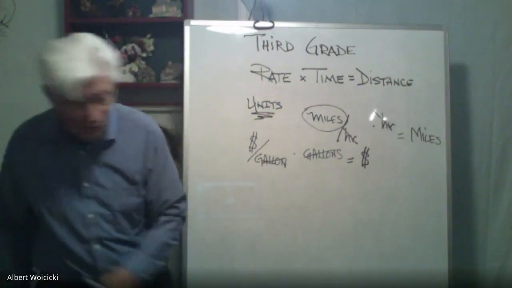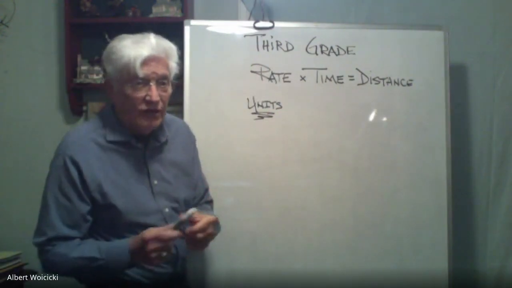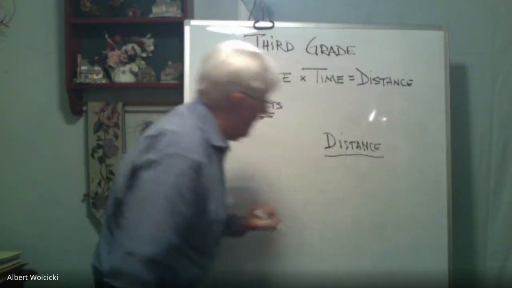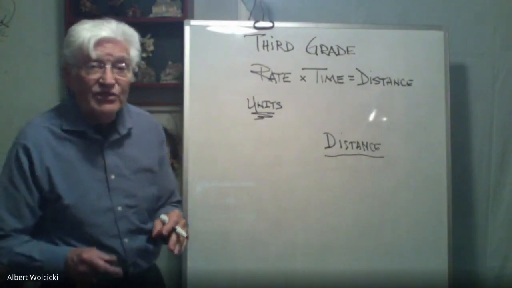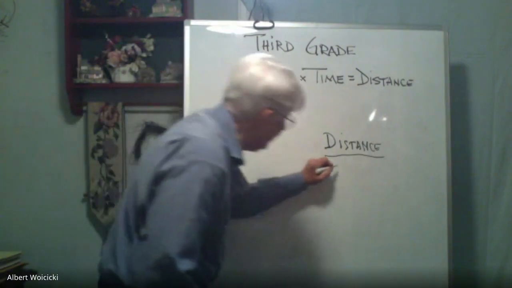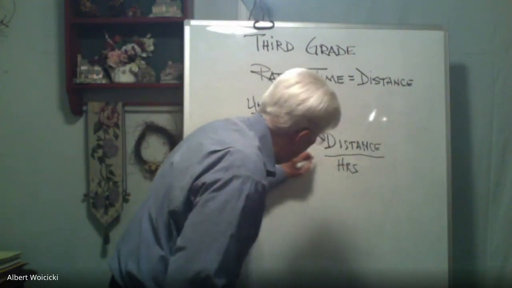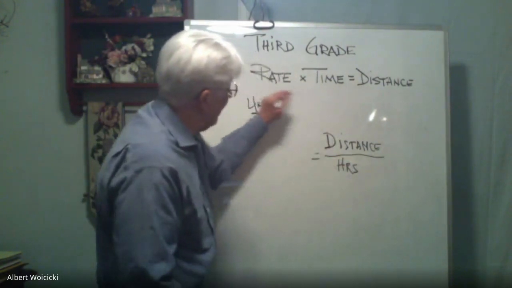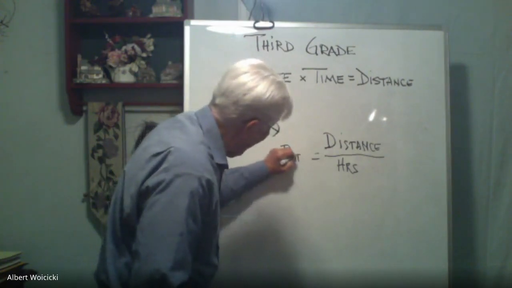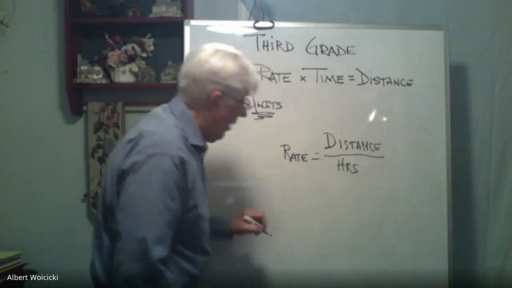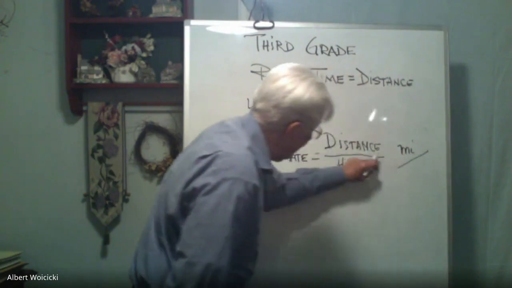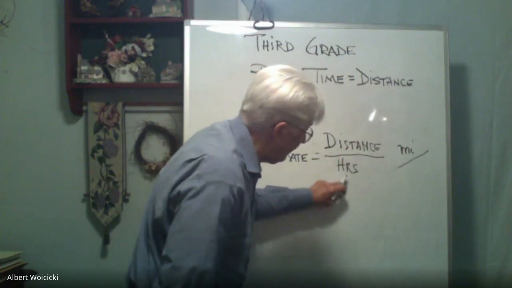So let me show you this. If they know the distance between point A and point B, that's the distance, and they know how much time it took for them to go there, that's the hours it took to go there, then that should tell them the rate at which they were traveling on average. Well, distance is miles. This line here is per hours.